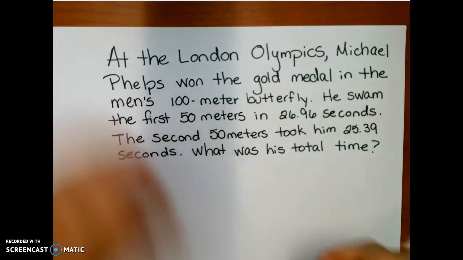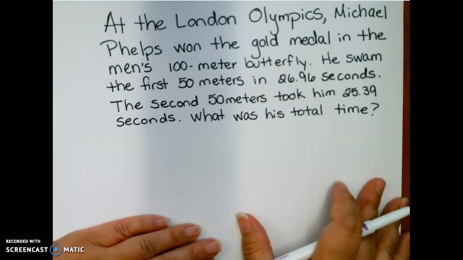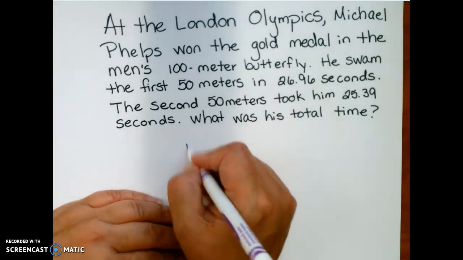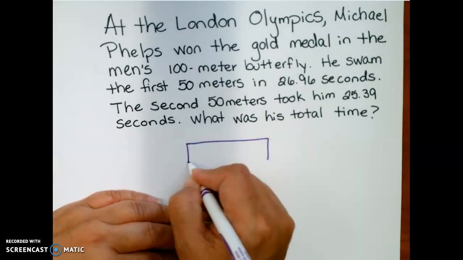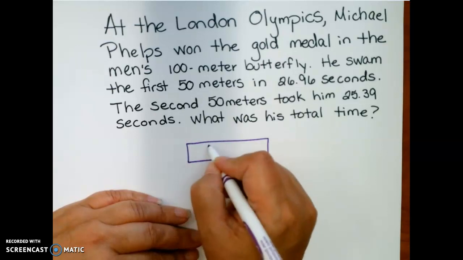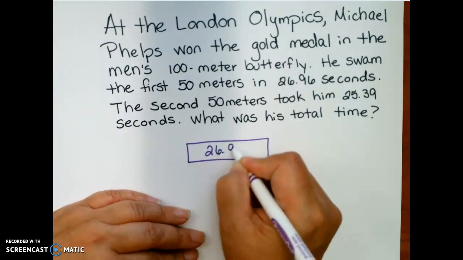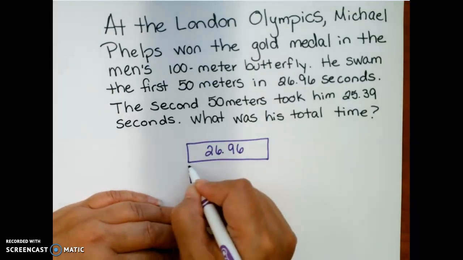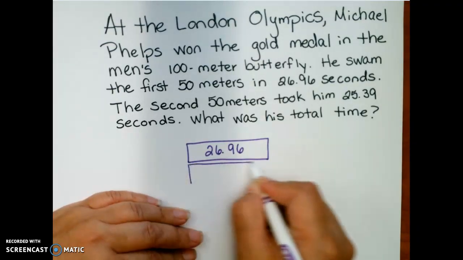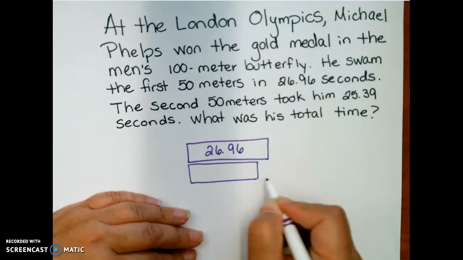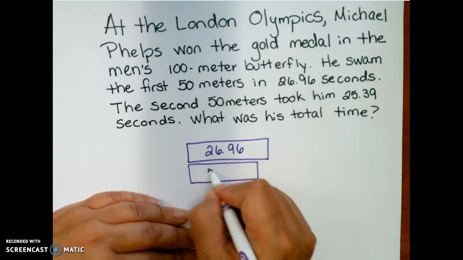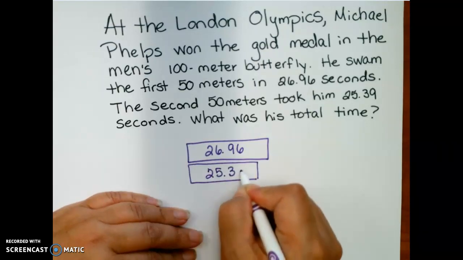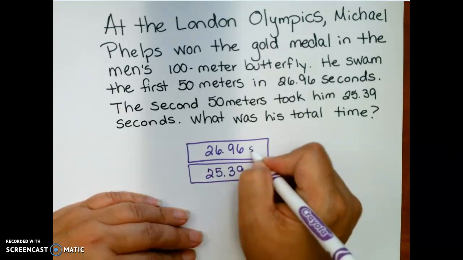So, I'm going to draw a bar model to help me add these. The first 50 meters was 26.96 seconds. And the second 50 meters was a little faster at 25.39 seconds.